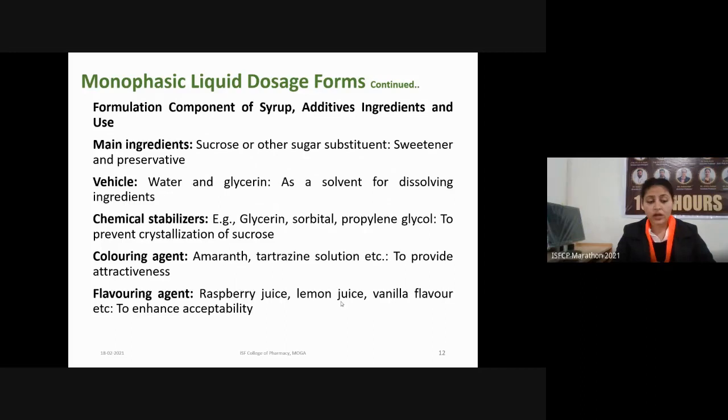By using a flavoring agent, we can easily mask the foul odor of any drug, and because of that, it will enhance patient compliance. The patient will easily accept and take that medicament. Raspberry juice, lemon juice, and vanilla flavors are examples, and there are many more such flavoring agents that we can use in the formulation of syrups.